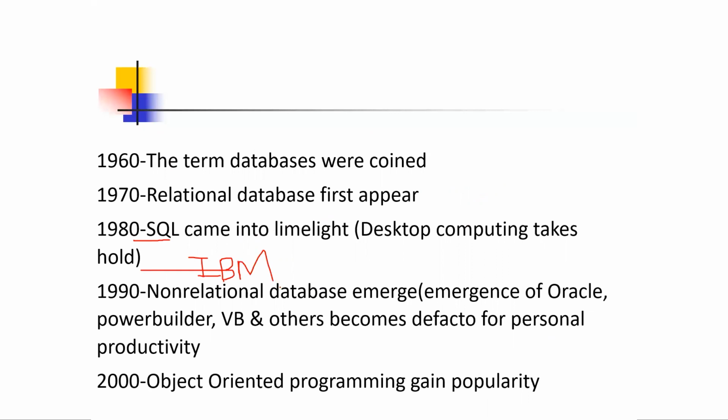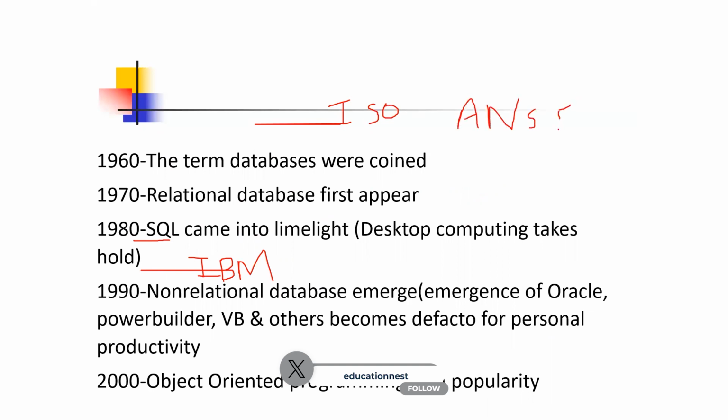The SQL was declared as the standard language for queries by ISO and ANSI. It means it was defined as a standard language, not a normal language. ISO is the International Organization for Standardization. For any product, we check the trademark to see whether it is ISO certified or not.